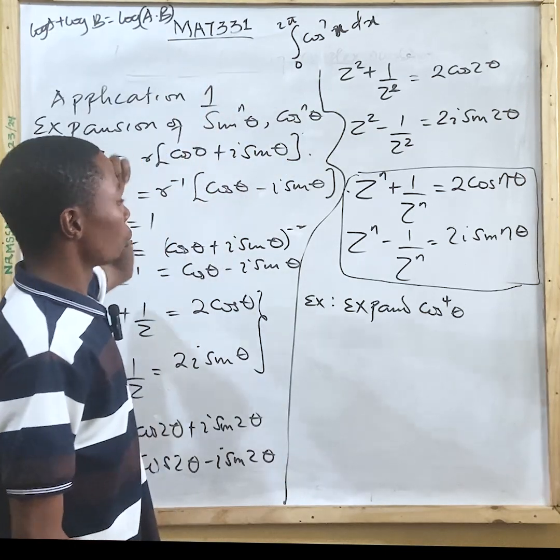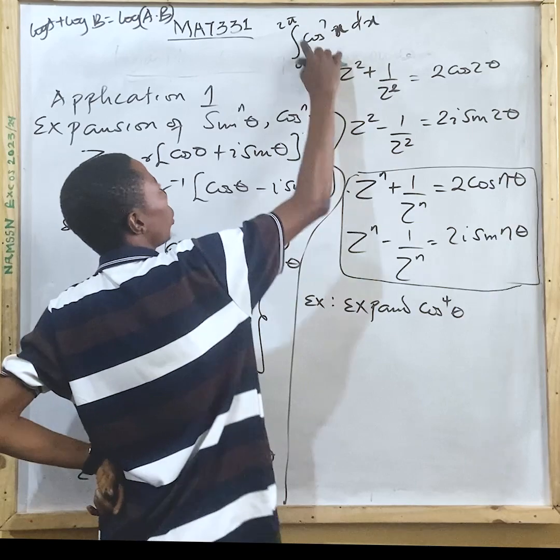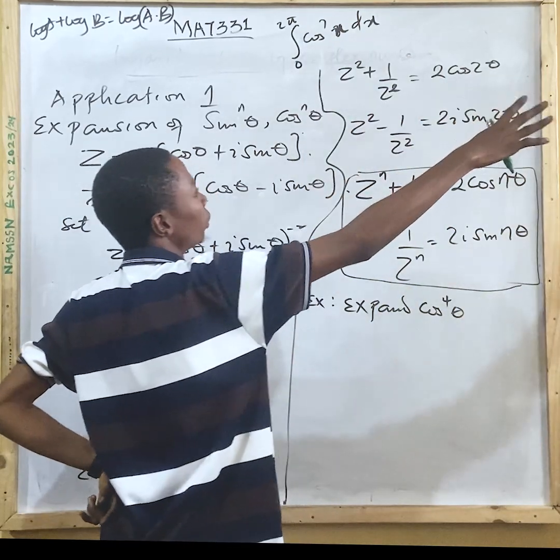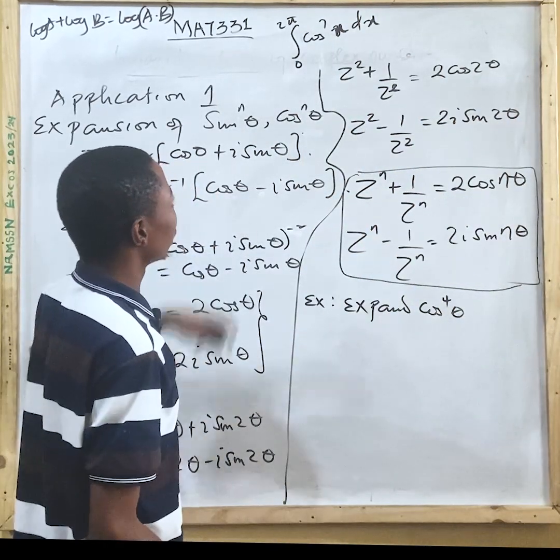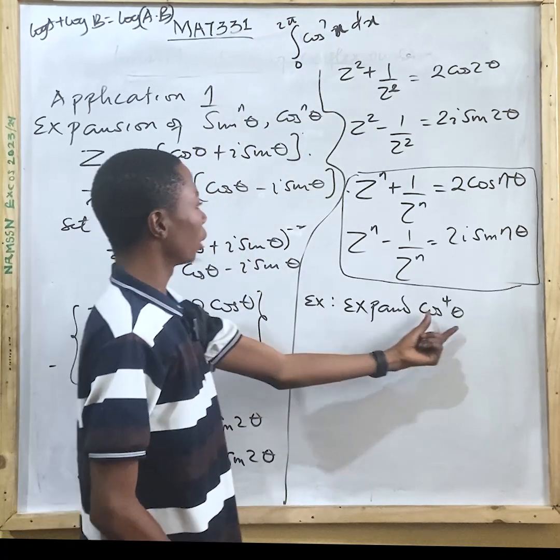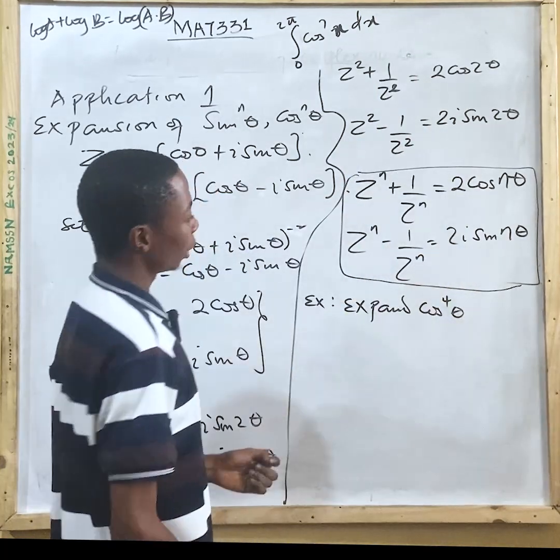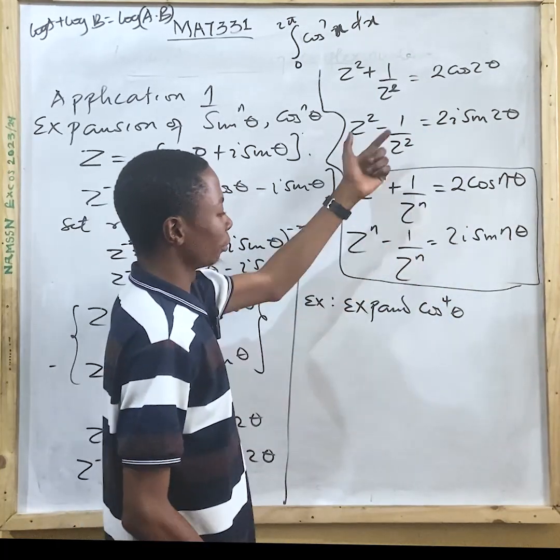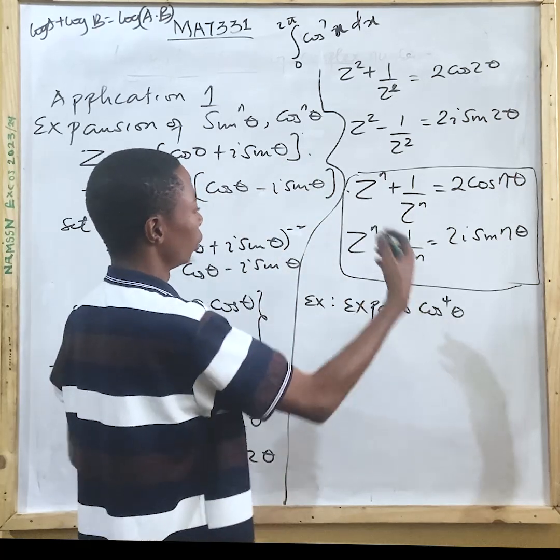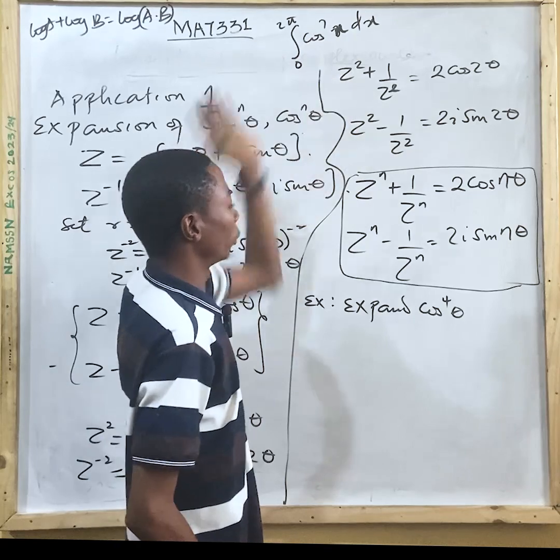I would just say yes, I can expand cos raised to power 7 into smaller pieces of sine and cosine, and with that I can integrate one by one easily. So that is why we are expanding cos raised to power 4, because if they ask us to integrate a trig function with a very big power, we can expand the cos and sine, and then integrate one by one.